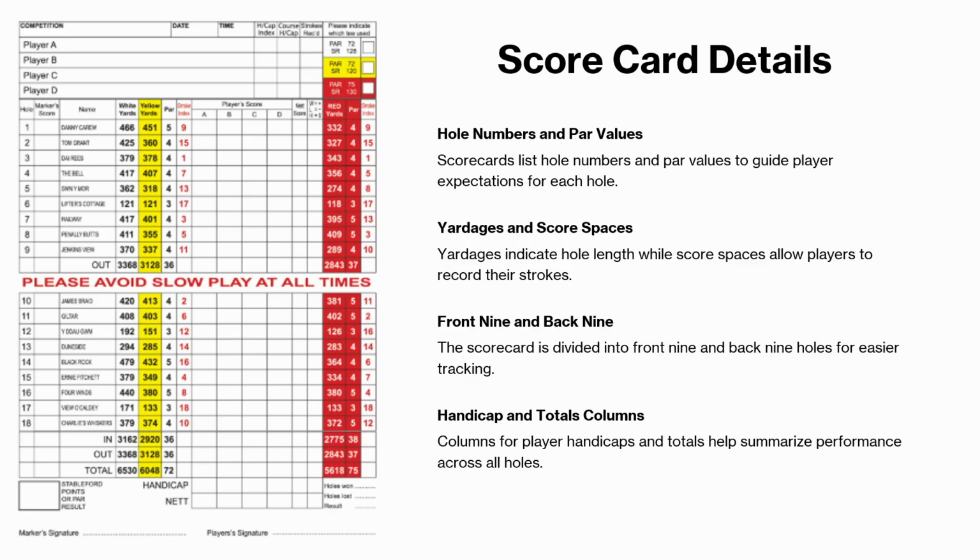Against each one of those holes, you've got a yardage listed, and then you have blanks on the scorecard that allow you to put in your gross and your adjusted handicap score. Now, typically the golf card is broken into the front 9 holes, that's holes 1 to 9, and then the back 9 from 10 through 18.